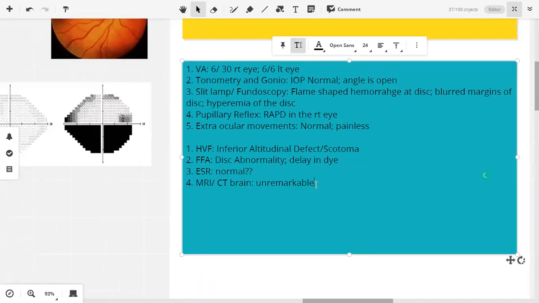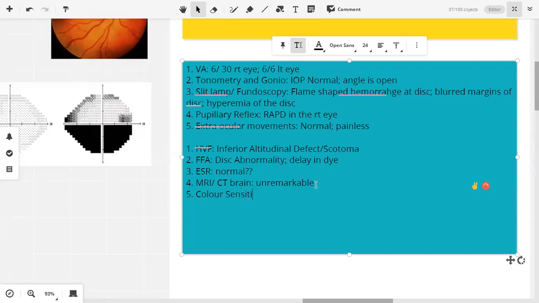Any other investigation which you would like to perform in regard to a symptom which we discussed, especially for optic neuritis? There's something called color sensitivity.